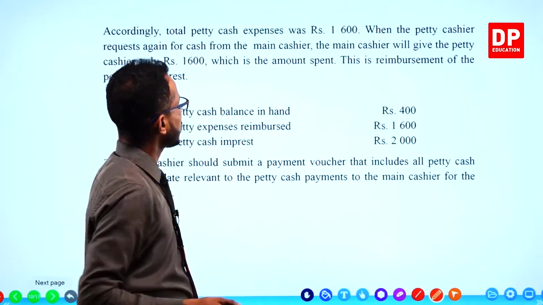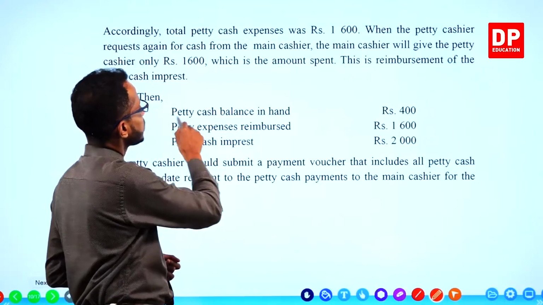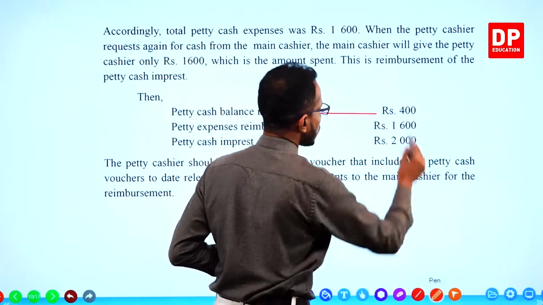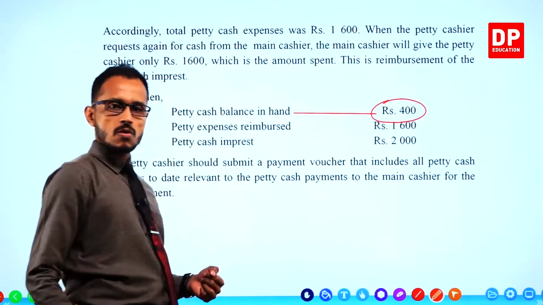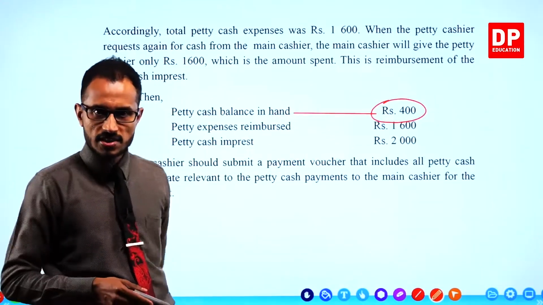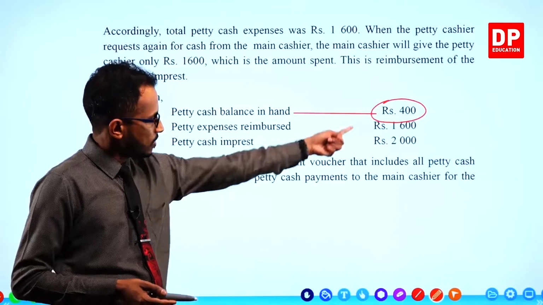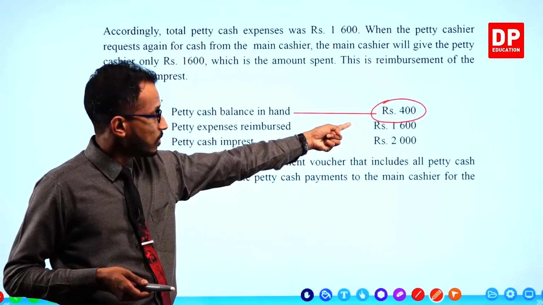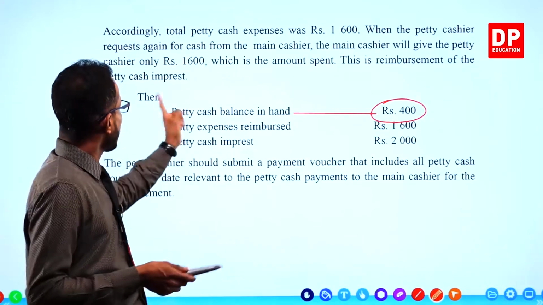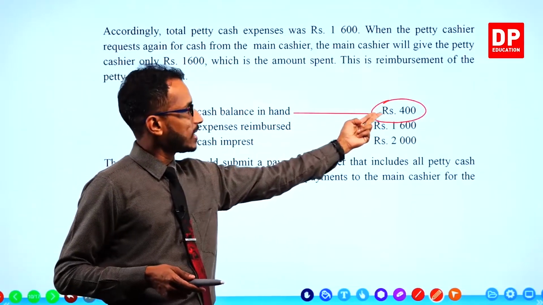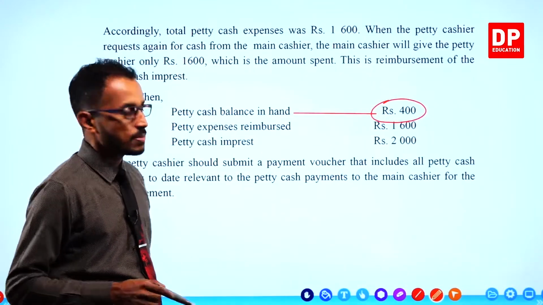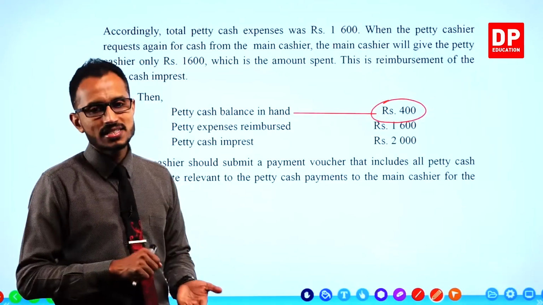The balance of petty cash is 400. There you go. In the previous slide, we got this answer. That is the petty cash balance in hand, the remaining cash balance at the end of the month.